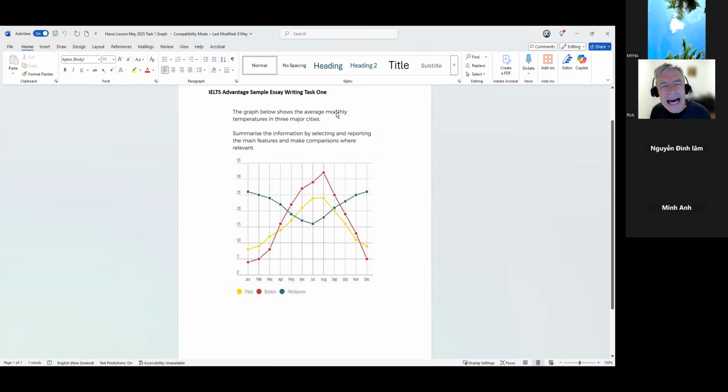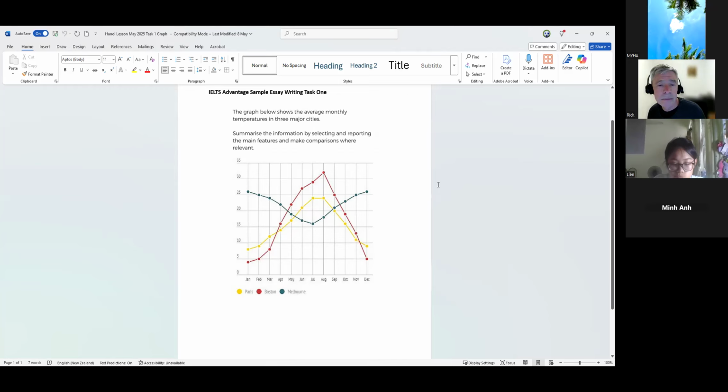A little bit hard to paraphrase that, I think. Leon, can you think of any way of paraphrasing average monthly temperatures? The word average, I think, can be regular, common, maybe.